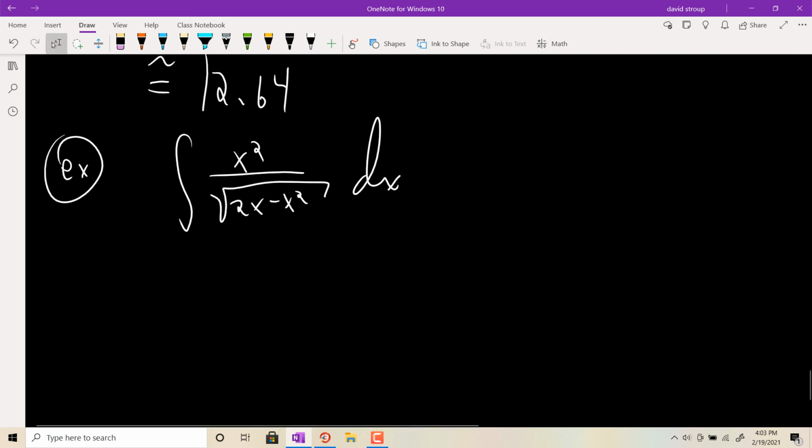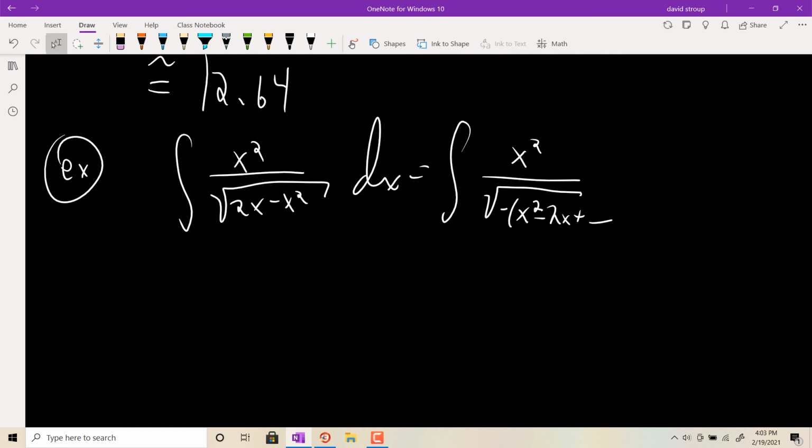Okay. So in the denominator, I got to complete the square. So I have x squared all over the square root of. I'm going to factor out the negative, and then I'll have x squared minus 2x, and I have to add something in, and then immediately subtract it. But because it'll be negative, you're immediately adding it, dx.